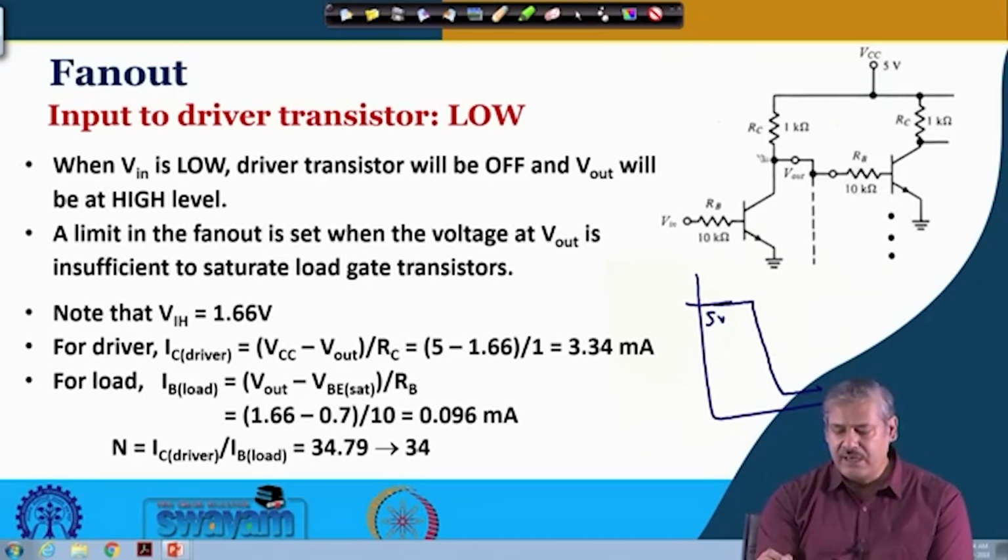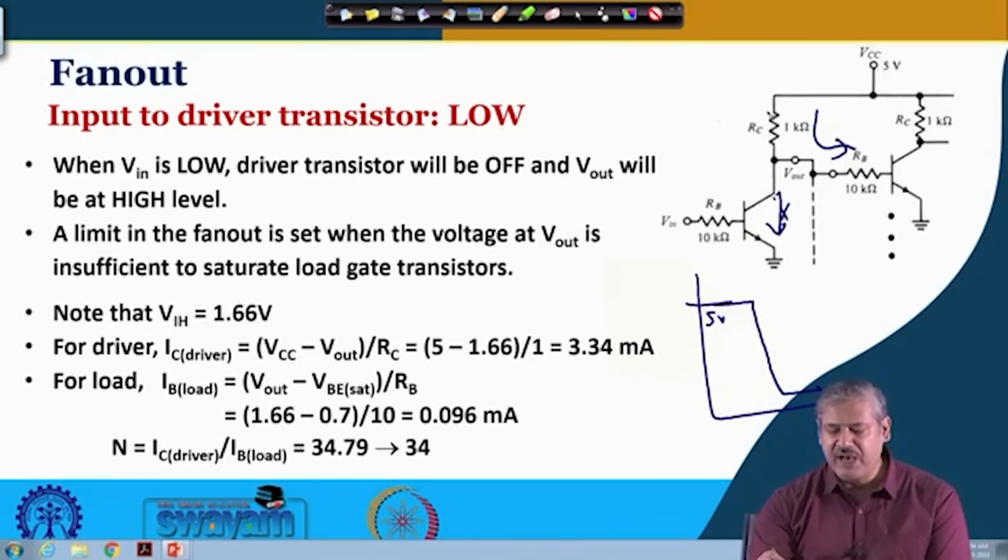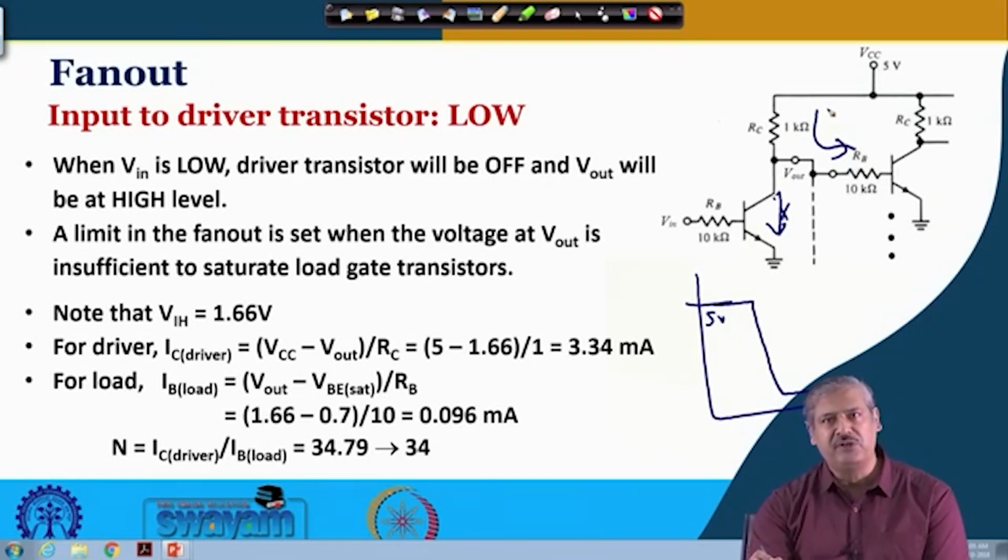There is a current in this direction, for which there will be an ICRC drop. With more such connections, more current has to be delivered, and the voltage will keep coming down; it will no longer remain 5 volt.